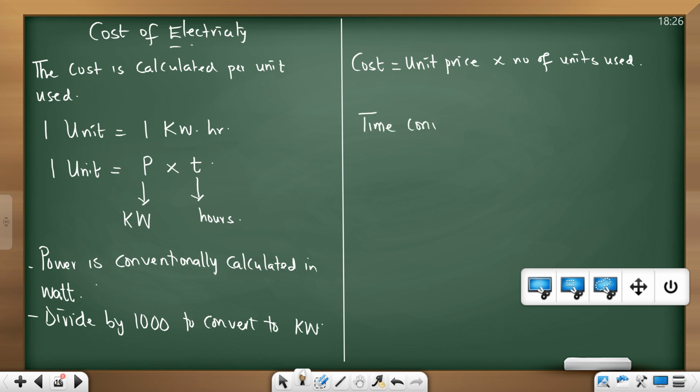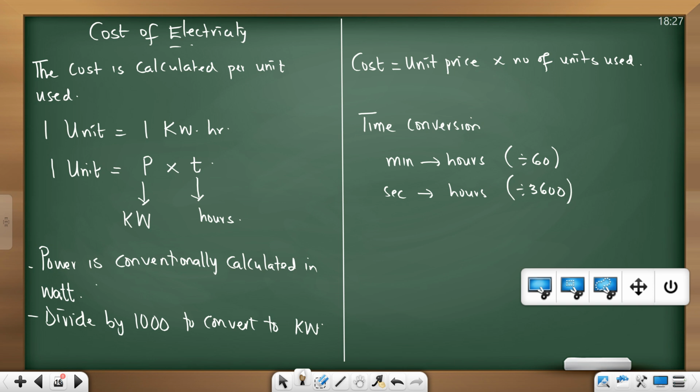Time conversion. Minutes to hours. That one you're correct. You divide by what? 60. Seconds to hours? 3,600. So from minutes to hours, you divide by 60.